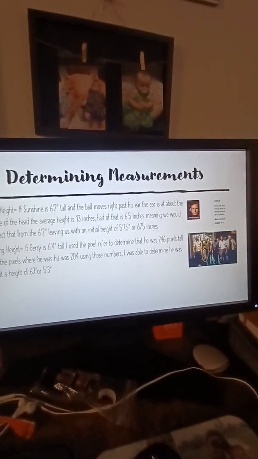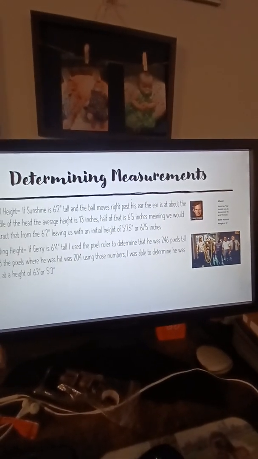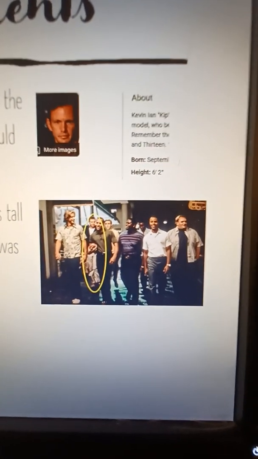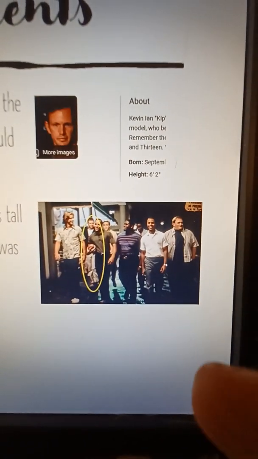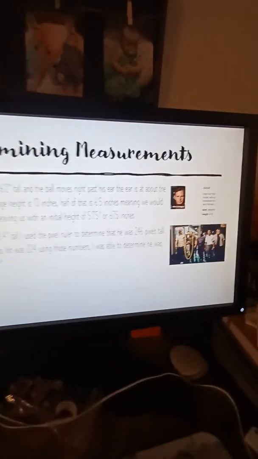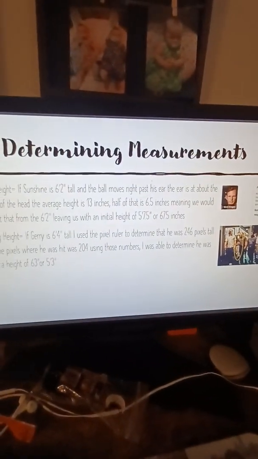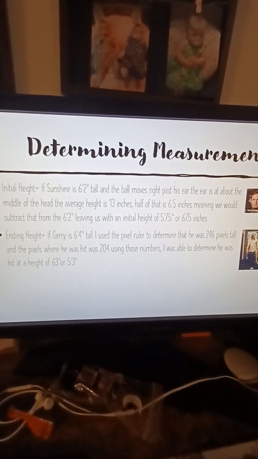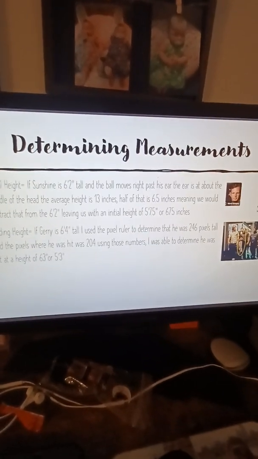The next one was the ending height. So Gary was 6'4", and I chose this picture here because it was the only picture I could find that had his head and feet in the picture. And so it said that the actor that played Gary was 6'4".